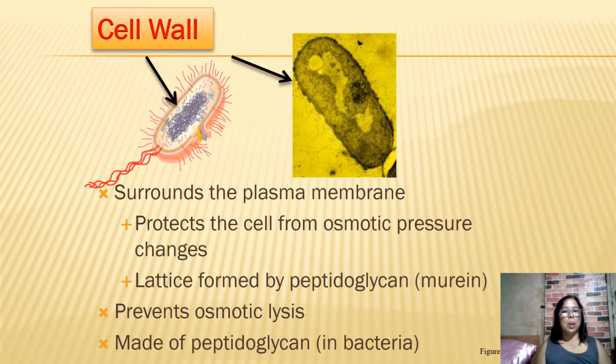And it has also the role of forming itself as a lattice to protect other components of the cell. Another role of the cell wall is it prevents lysis, and they are made up of peptidoglycans in the case of bacteria.